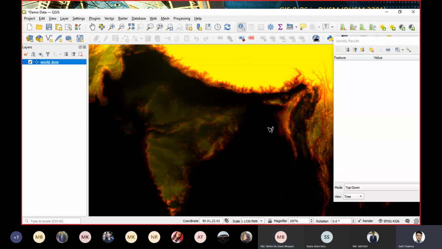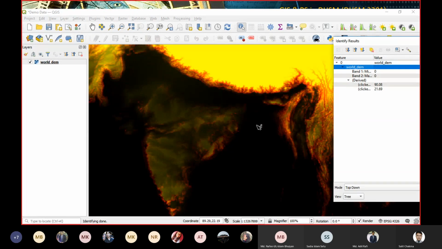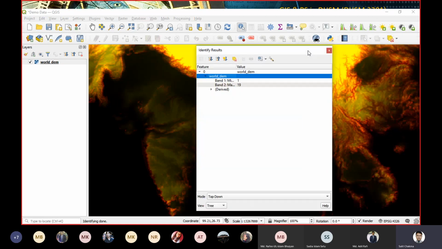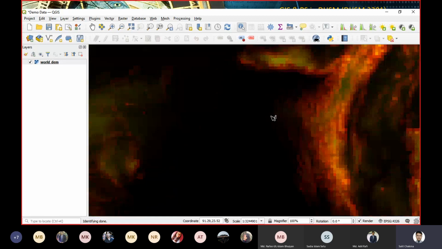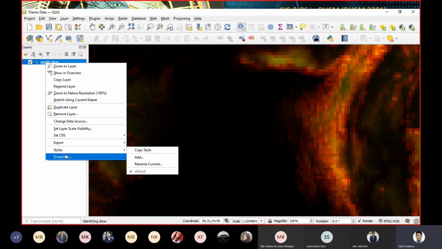Well, let me find out. Because you see, the elevation of Bangladesh is very low. Since the elevation of Bangladesh is very low, it is hard to map it with two colors.